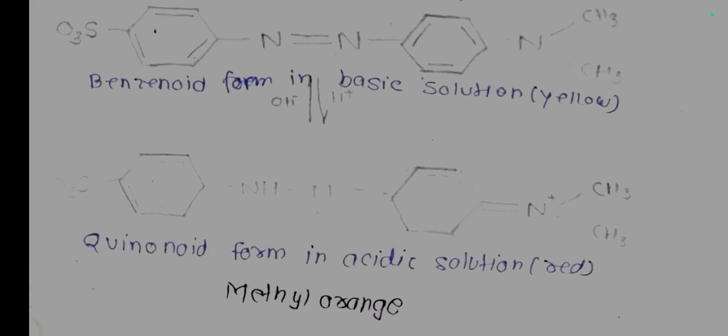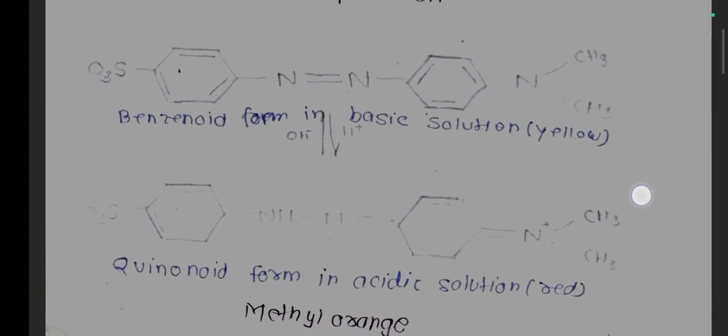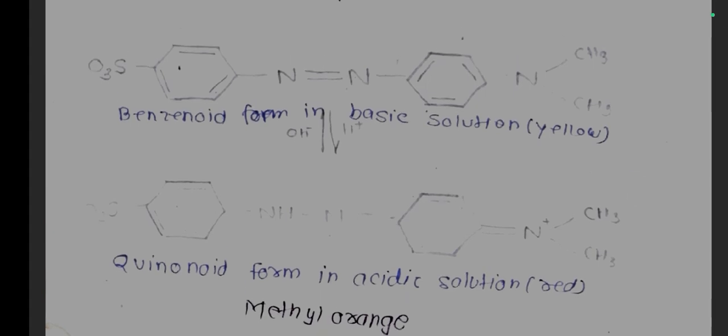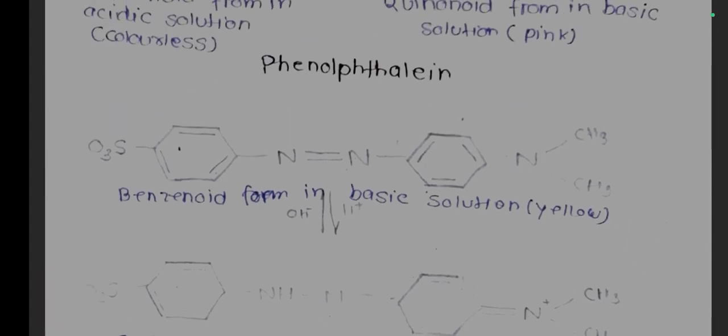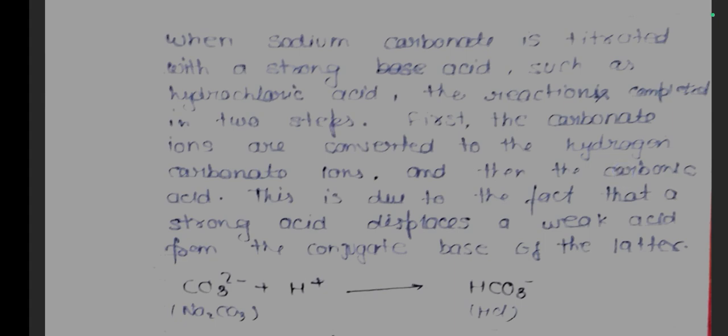Here in this experiment you have to use two indicators. The first indicator is phenolphthalein and the second indicator is methyl orange. Phenolphthalein is a colorless indicator.